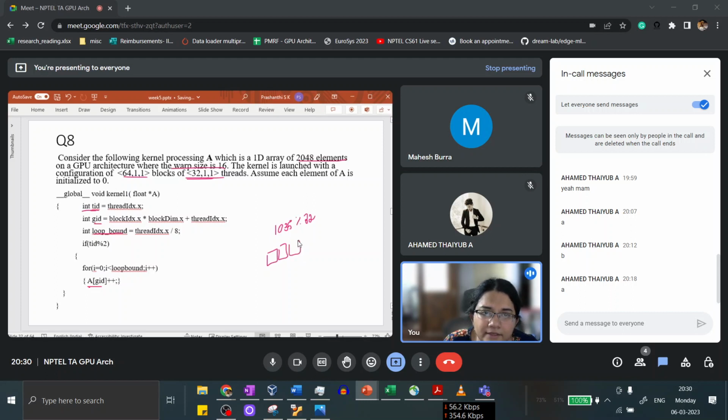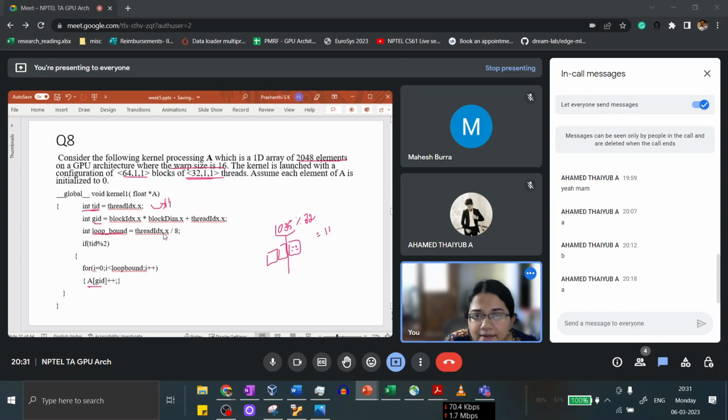After that, whatever is left over would be the thread ID. In this case, 1024 is a multiple of 32, so that many blocks would have been allocated to that many elements. And then your leftover number is 11, so the thread ID is going to be 11 corresponding to A[1035]. This is the thread ID within a block.